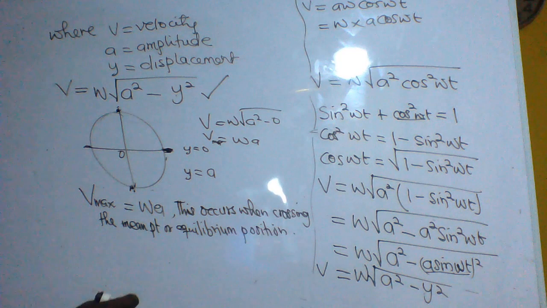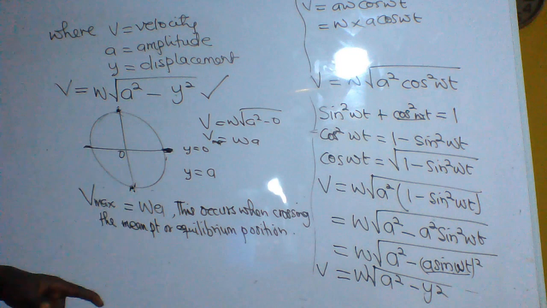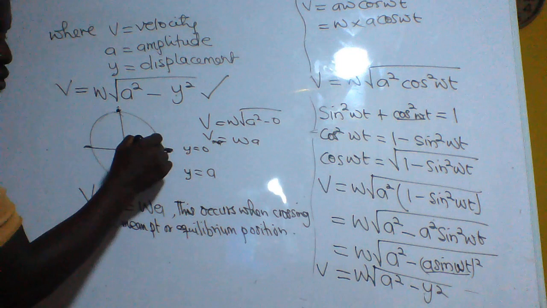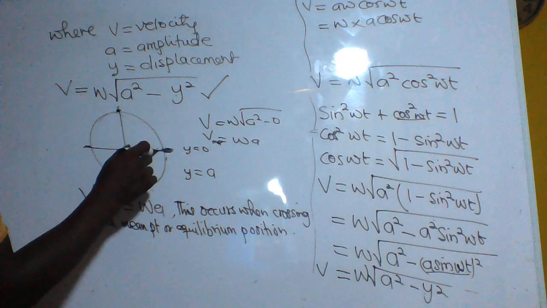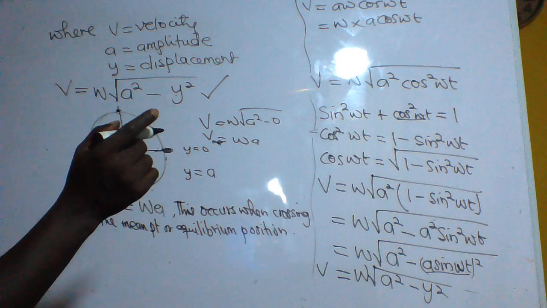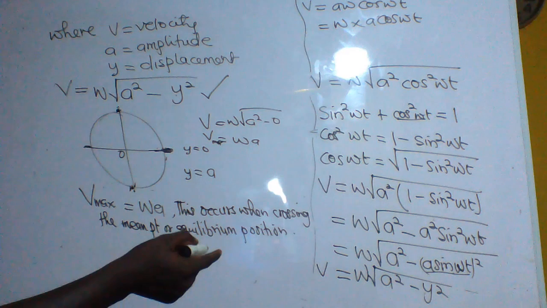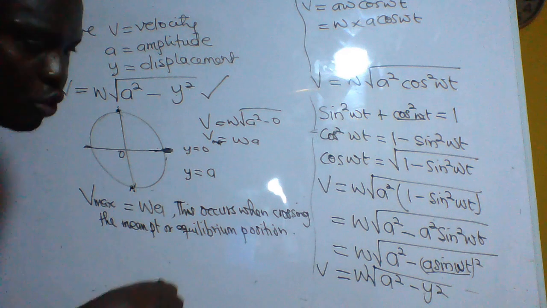Please, here you can't just say that the velocity is maximum at the mean point. If you say just at the mean point, when the particle is not moving and it's just there, it has no displacement either to have velocity. But when crossing, then you mean that the particle is in motion.